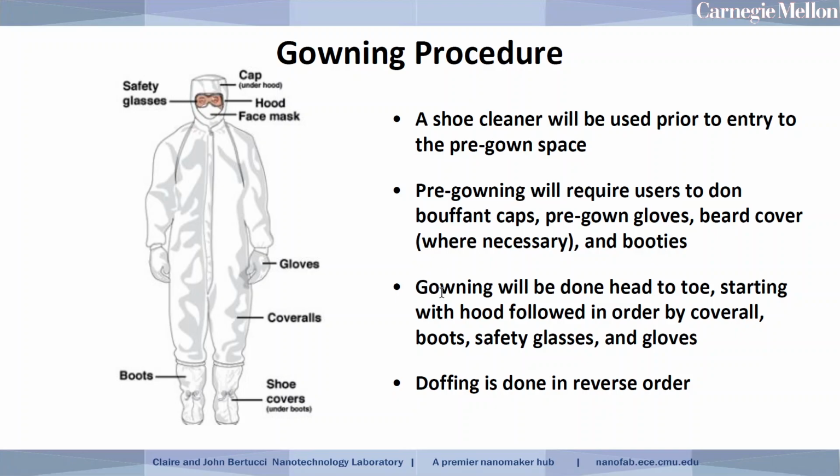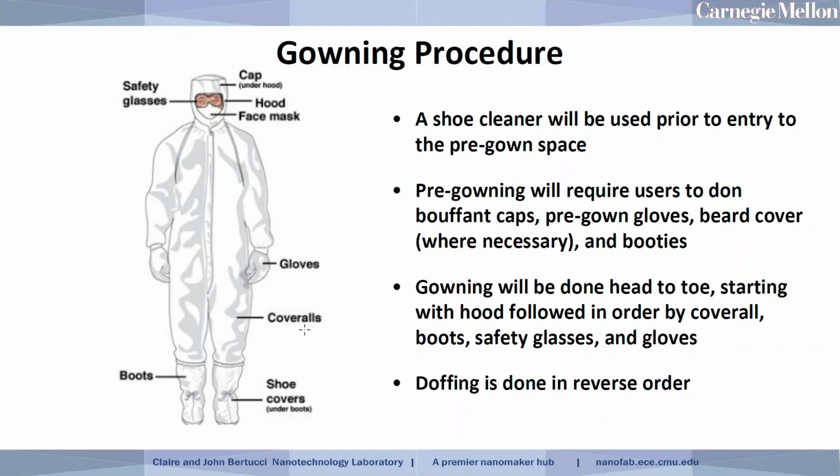When you're ready to actually gown, you're going to gown up from head to toe. You'll start by putting on your hood, and then the coverall, and then the boots. The hood will tuck inside the coverall, as you can see in the image here. The coverall pant legs will tuck into the boots here.